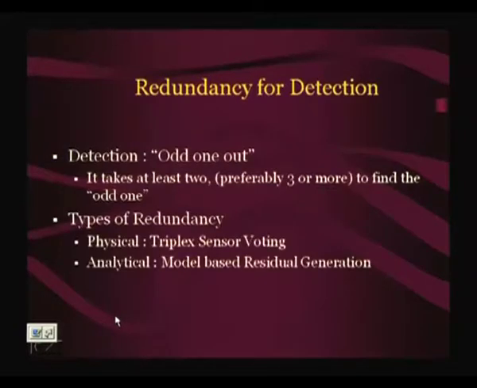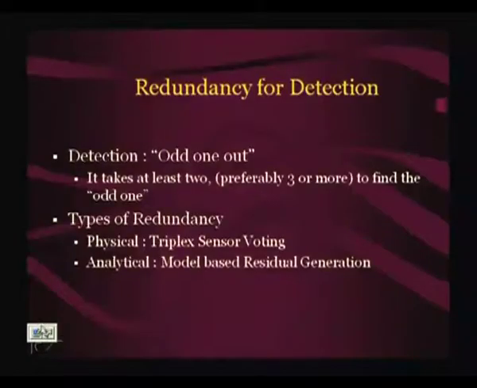This is an idea which says that if you want to detect whether something is a failure, you need redundancy, because you need another copy of the signal with which you are going to compare. Unless you have a redundancy, you cannot compare a signal with something, and you cannot therefore say whether this signal is behaving, quote unquote, normally.